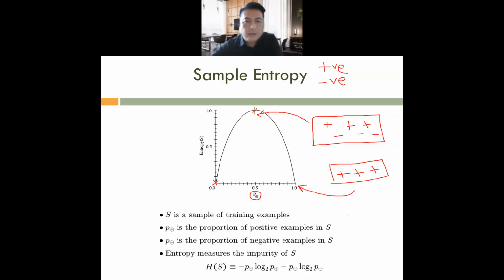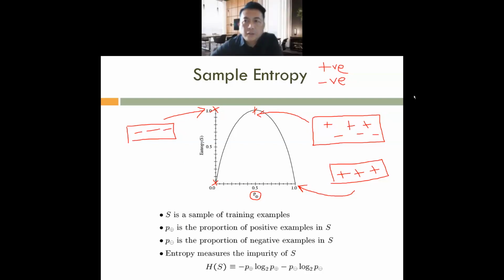So when we are here, we have the entropy to be 1, but your positive sample is 0, meaning all your members belong to negative.